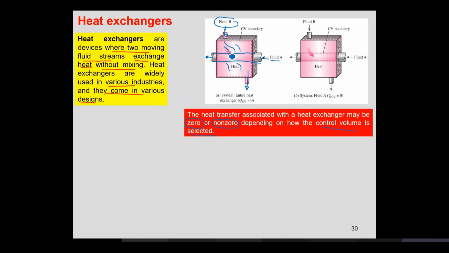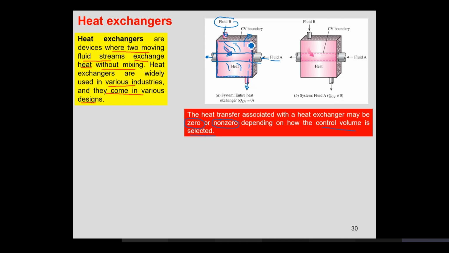For this system, where you have a fluid going through the inside of the pipe and another fluid going through the outside of the pipe, you have selected the whole box as the control volume. Now, there is a heat transfer if fluid B is hot and fluid A is at a colder temperature. There would be heat transfer from fluid B to fluid A through this pipe. But if you have selected this whole boundary as your control volume, I am showing you in 2D, there is no heat transfer across this boundary.